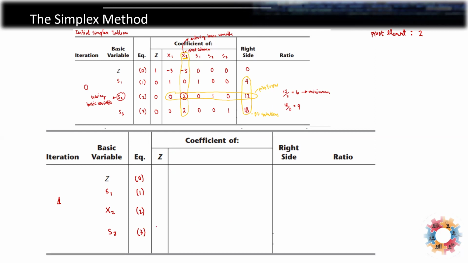How to determine that? Remember your pivot row corresponds to the second equation. And how to determine the pivot row? This is the formula for the new pivot row.